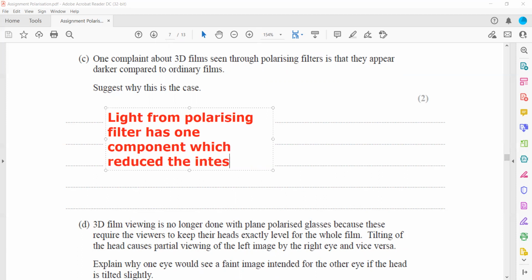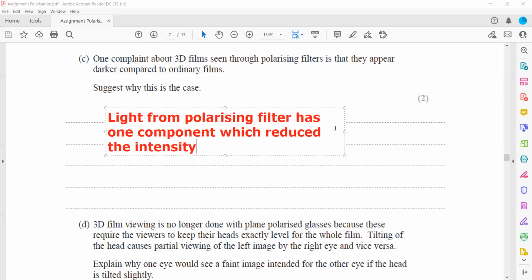That's why, for example, using polarizing sunglasses, the surroundings appear much darker compared to normal. Without sunglasses there are many components of vibration entering our eye, which makes it bright. But if we use polarizing sunglasses, only one component is able to pass. That's why ultimately the intensity will reduce.